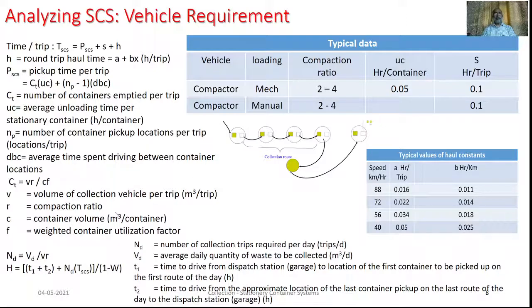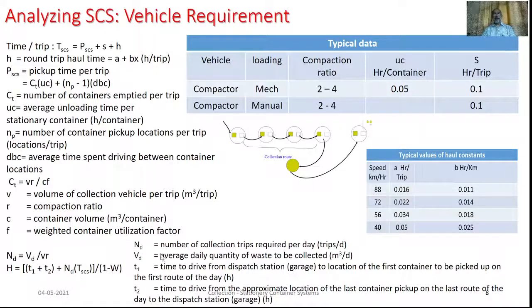From the particular data studied, we can work out the number of trips that are required for a particular location. So this ND is nothing but the number of collection trips that are required, which is given by VD by VR.